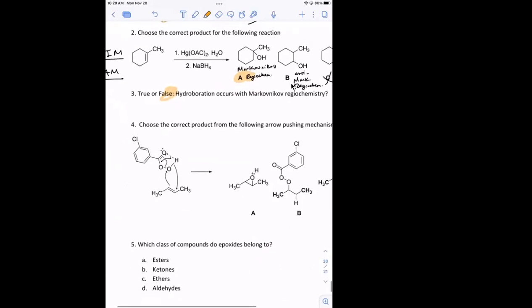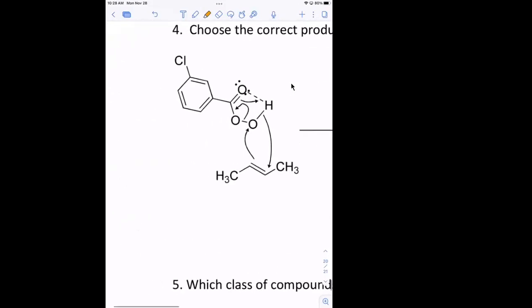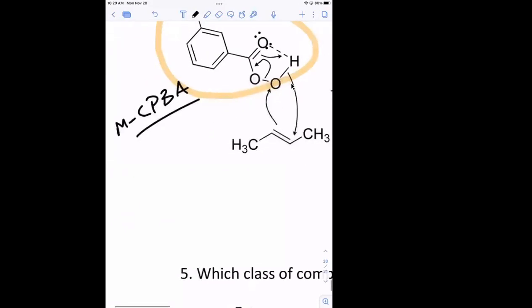All right, so the next one, number 4, what type of reaction is that? Anybody recognize this reagent? MCPBA? It's an epoxidation. Excellent.